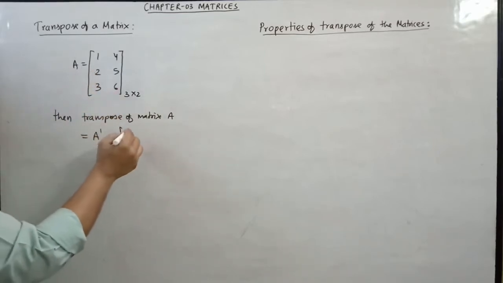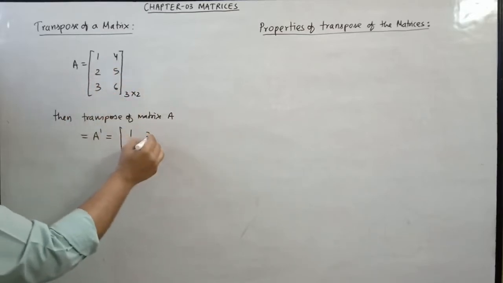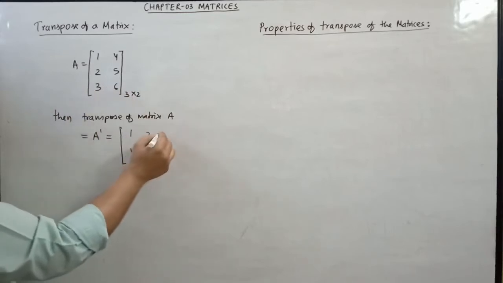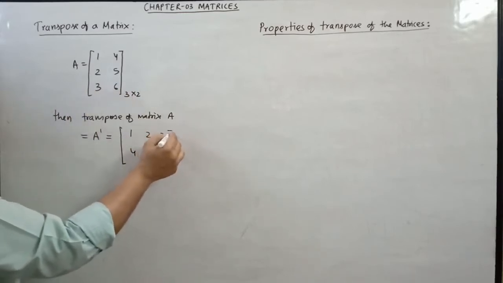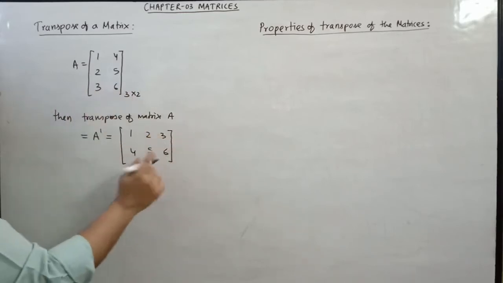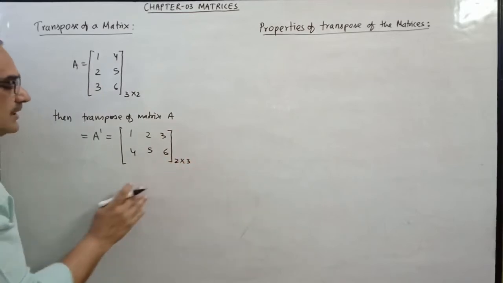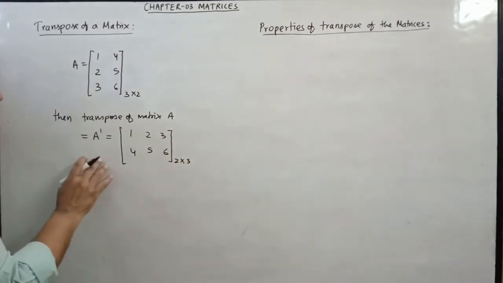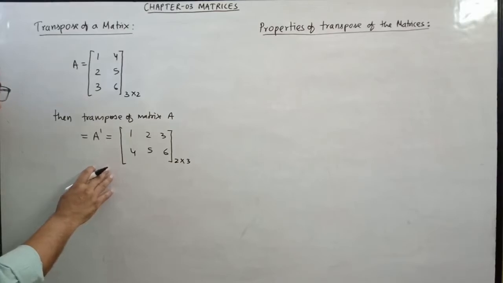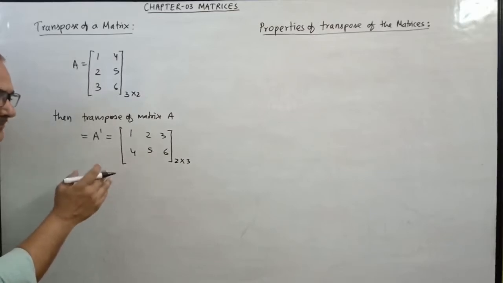That is, we write the first row as the first column, second row as the second column, third row as the third column. The order of this matrix will be 2 by 3. So that is known as the transpose of a matrix: the matrix obtained by interchanging its rows and columns.